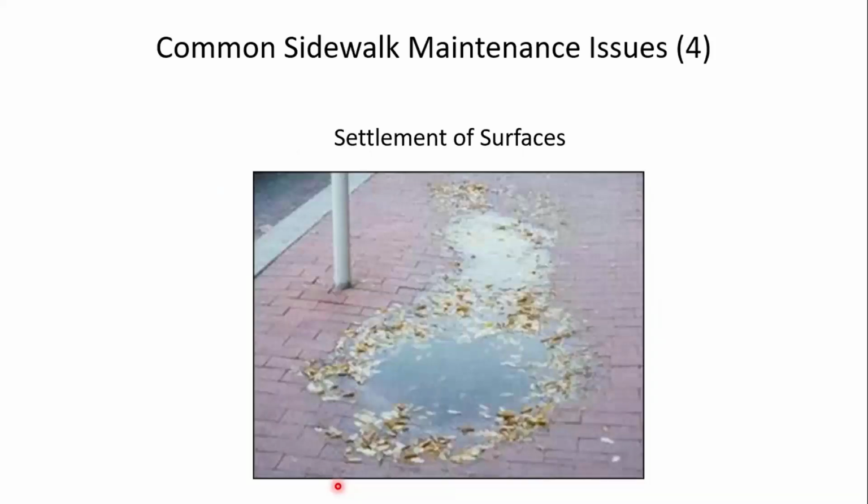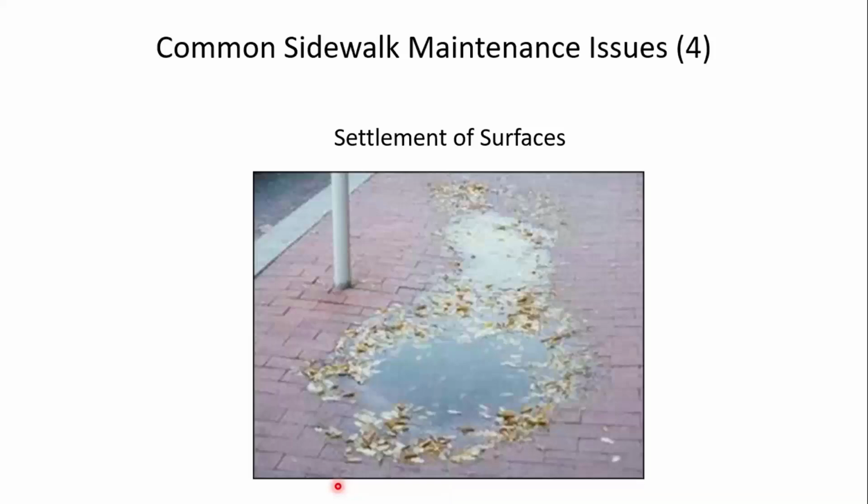Settlement of surfaces. We see some ponding of water on a brick surface. Again, we could argue this is probably accessible. Someone can walk through there or use their wheelchair through there, but to me it's more of a nuisance.